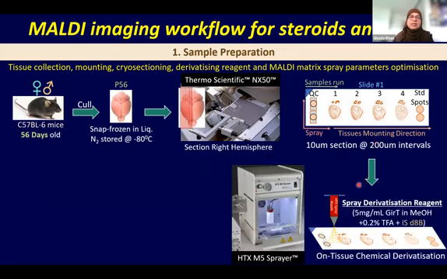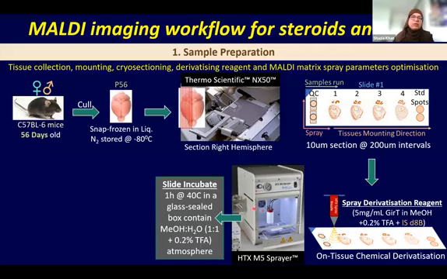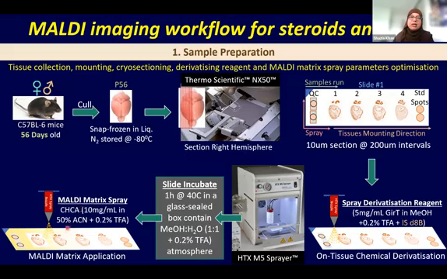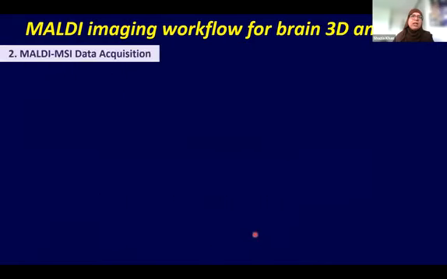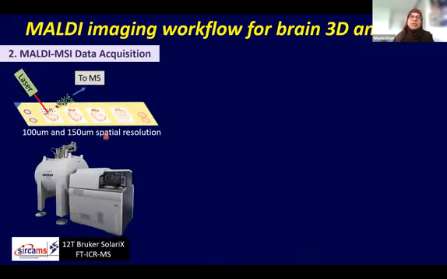And the next step is we spray the derivatizing reagent using the M5 STX M5 sprayer and incubate for an hour in a humid environment, and then we apply the MALDI matrix, which helps desorption and ionization, using the same M5 sprayer. After that, we acquire data on the same day on the 12 Tesla FT-ICR MS. We use 100 micron resolution for male and 150 for female brains.